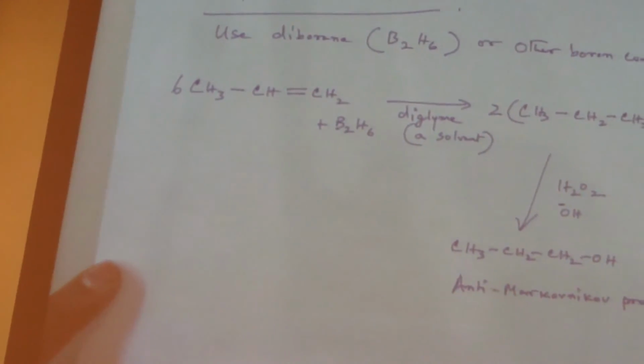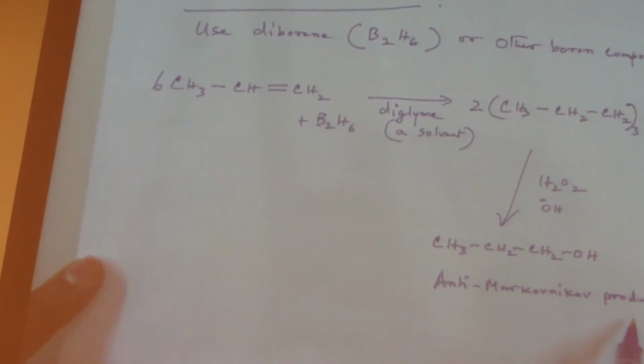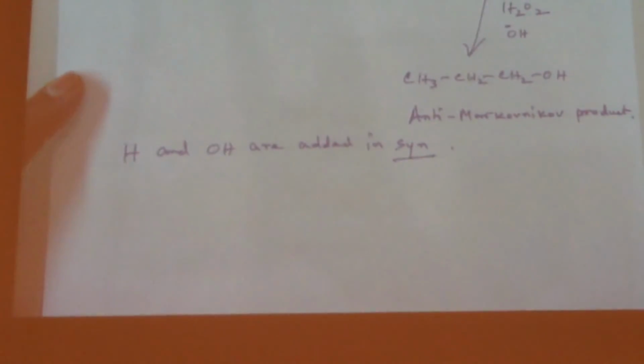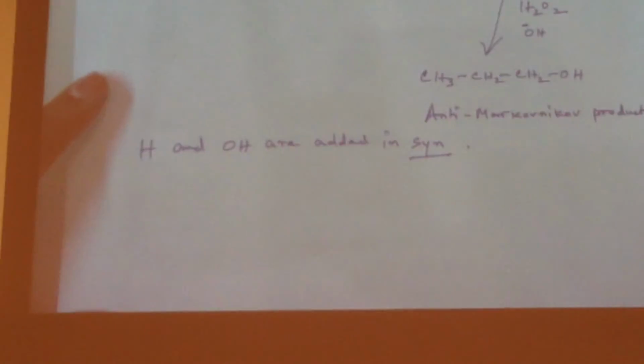Now, in addition to being anti-Markovnikov, this reaction has the H and OH added in the syn orientation. Okay, they come from the same side. And therefore, in this particular case, there is no stereochemistry involved because you can rotate it freely.